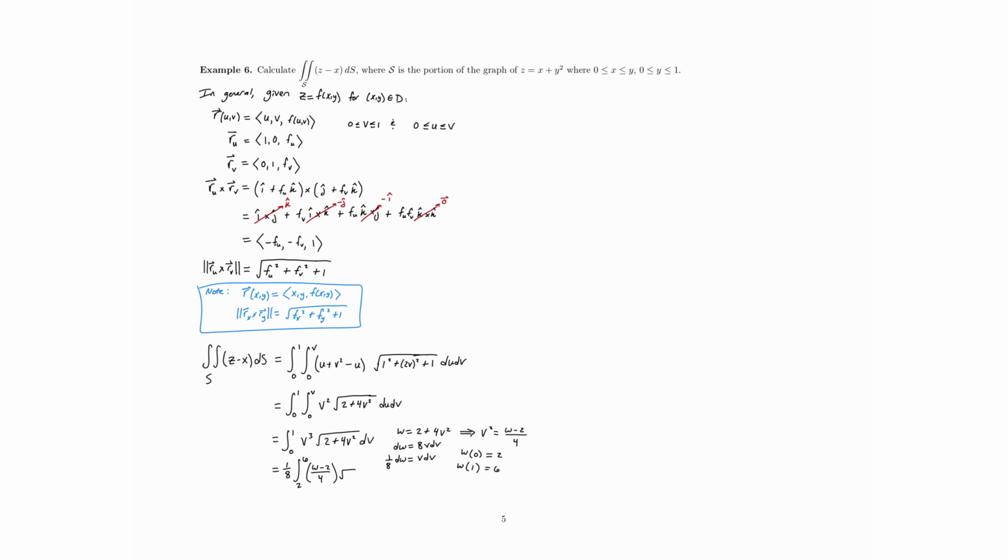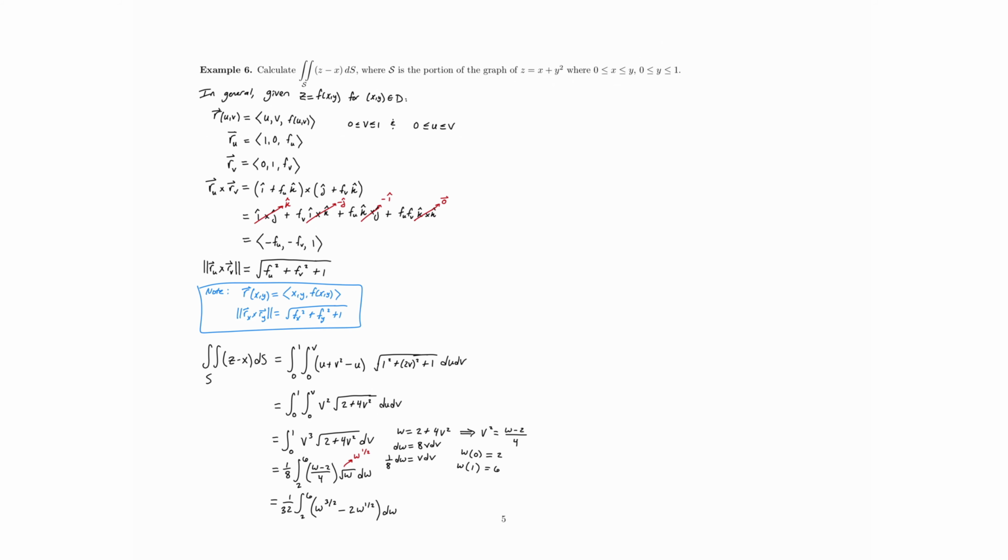The square root will just become the square root of w, and then our v dv gives us the 1/8 and a dw. We should be able to factor out the 1/4 to get a 1/32. And then this really is just w to the 1/2. So then that can distribute through, which would give us w to the 3/2 minus 2w to the 1/2 dw.